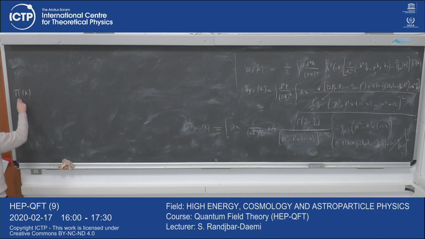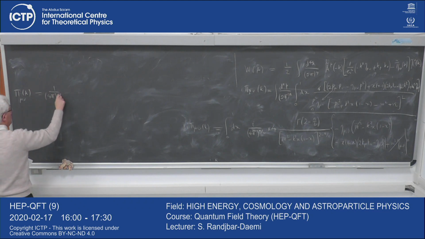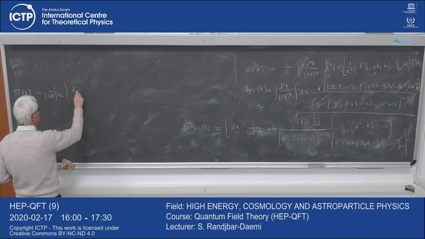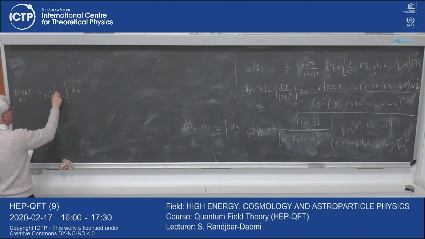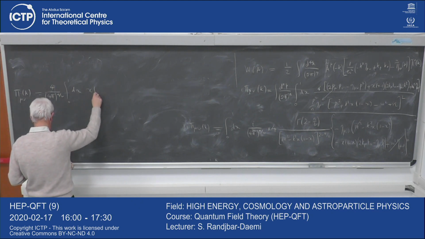pi mu nu of k equals 1 over (4 pi) to the power n over 2, integral 0 to 1 dx. There is a common factor of 4. We put it here. x times... Again, I've changed the sign here.